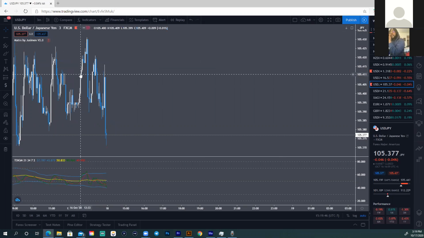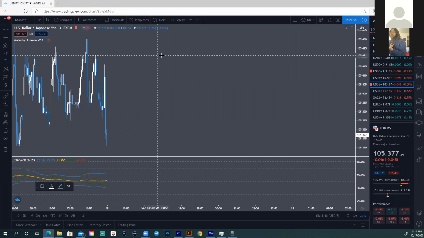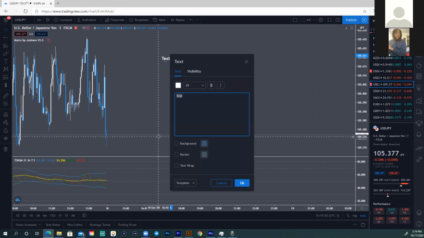I'm going to go over my definition of support and resistance first. Support, I deem it as a floor. This means that price has an issue or struggles to break below a certain price level.